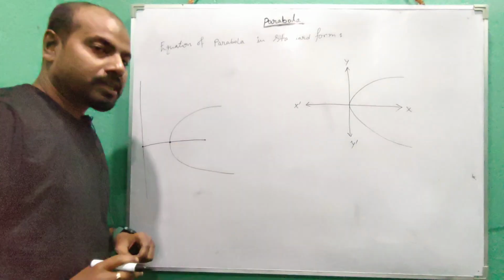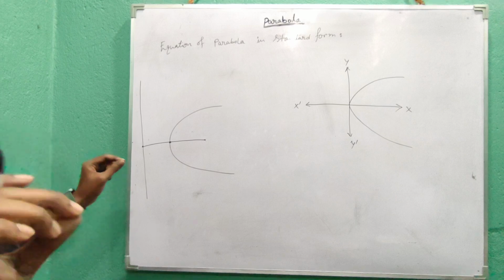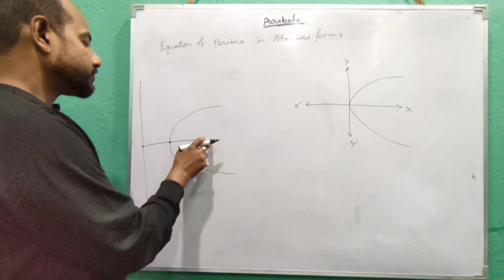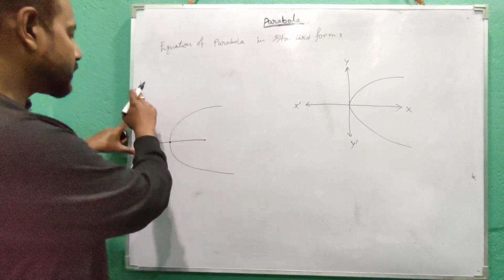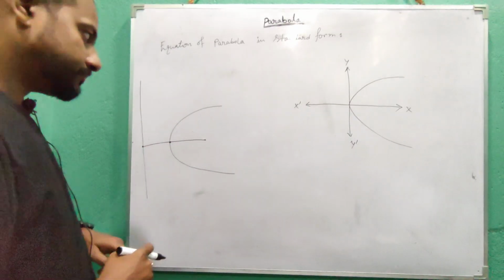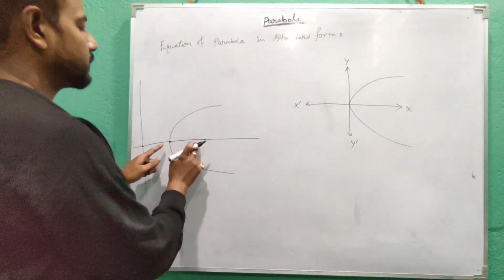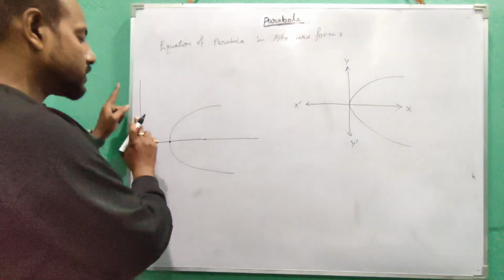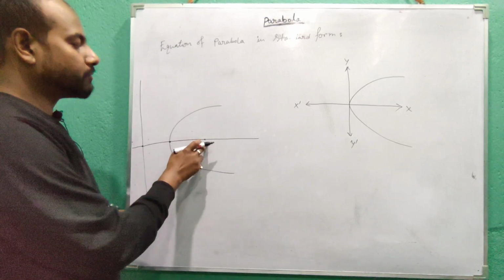The line joining the focus and the vertex is called the axis of the parabola. The axis of the parabola is the line perpendicular to the directrix from the focus.